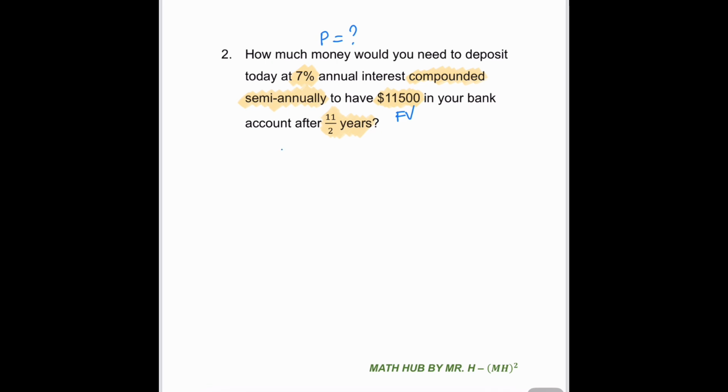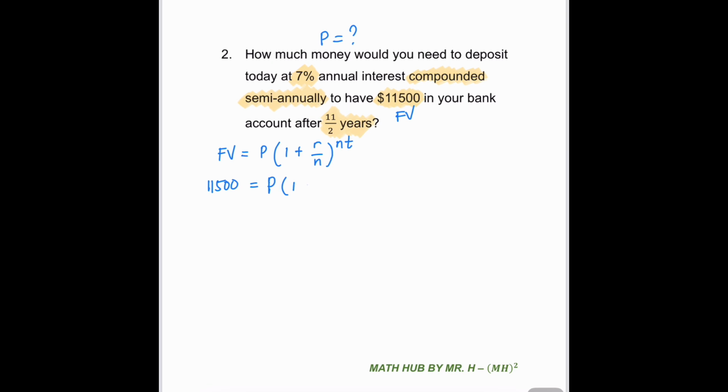All right, so we're going to go back to the formula that we need to use. So we have the future value equal to the principal amount or the present value times 1 plus r divided by n to the power of n times t. So then simply substitute the given information. Future value is 11,500, equal to P, which stays the same because that's what we are solving for.